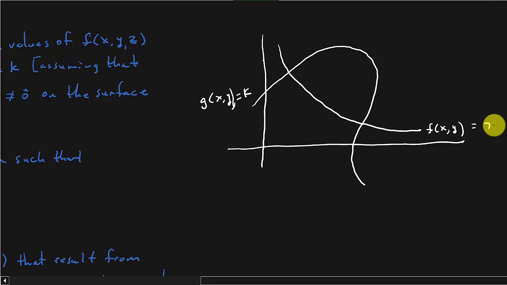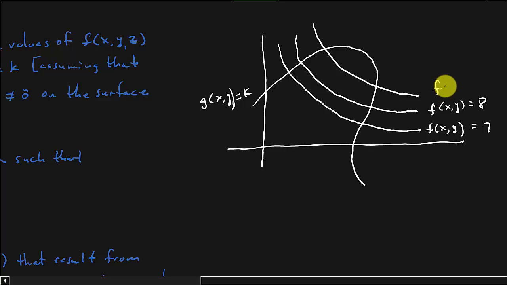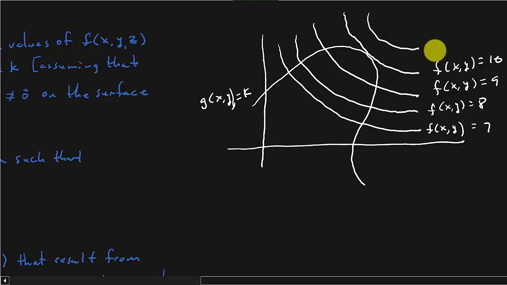So let's say this one equals 7, and then we have another one here. This would be f of x, y equals 8, and then another one here, f of x, y equals 9, and then another one here, f of x, y equals 10, and then you have one here, f of x, y equals 11.